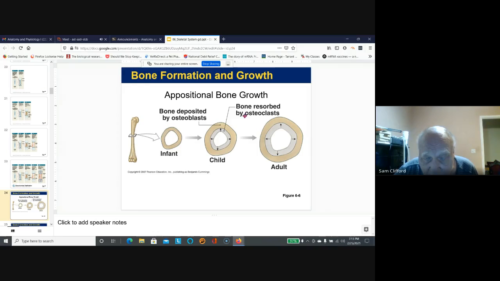So how do bones grow? Thickening of the bones is called appositional bone growth. Osteoblasts will thicken the outer walls, depending upon your age and your maturity, and that's how the thickening of the bones is taken care of.